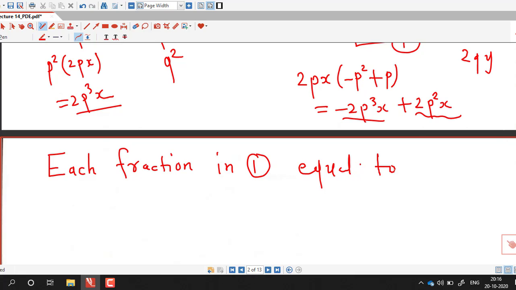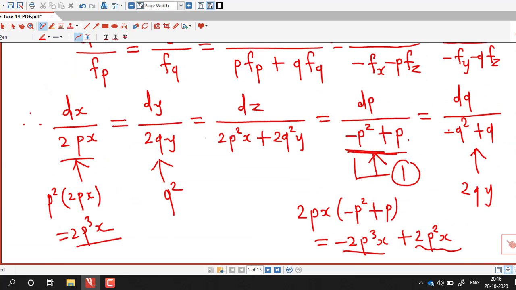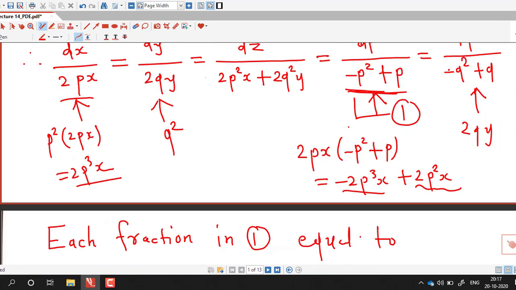equal to, so first I select this 2 dx and dp. I multiply this by p square and I multiply this fraction by 2px.